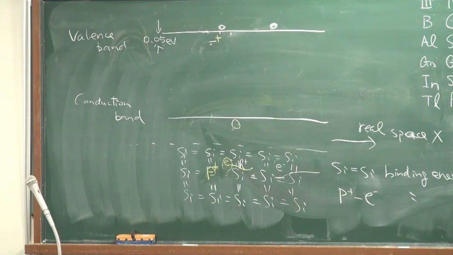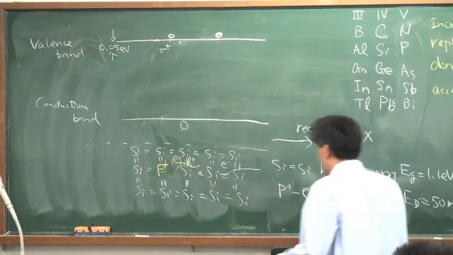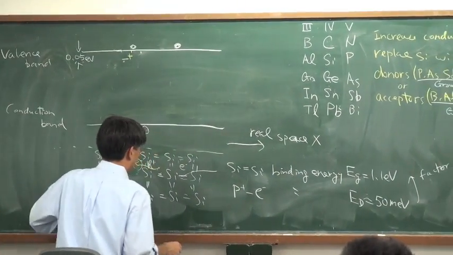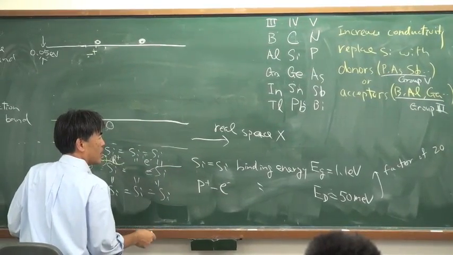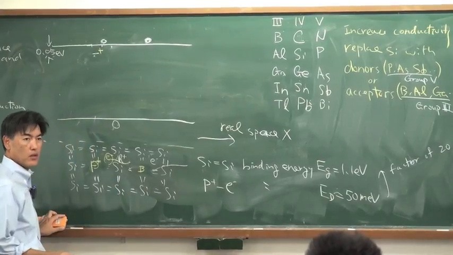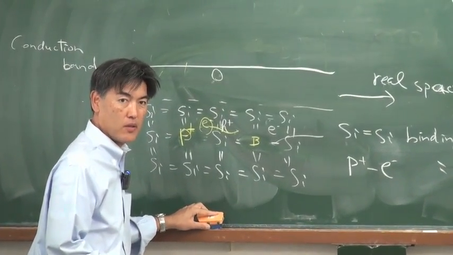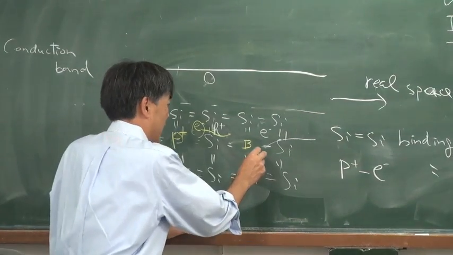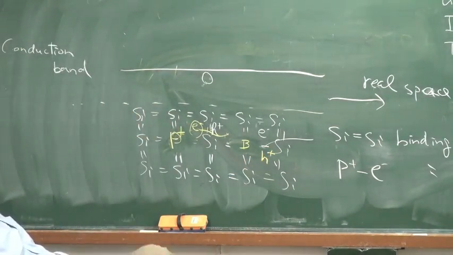Likewise, we can replace one of the silicon with group 3 acceptors. So if I replace one of the silicon with boron, then one electron is missing. Okay? One electron is missing, so I actually create one hole.